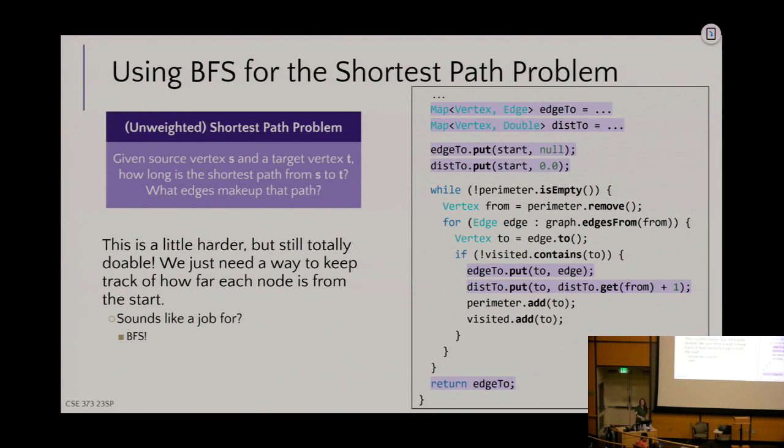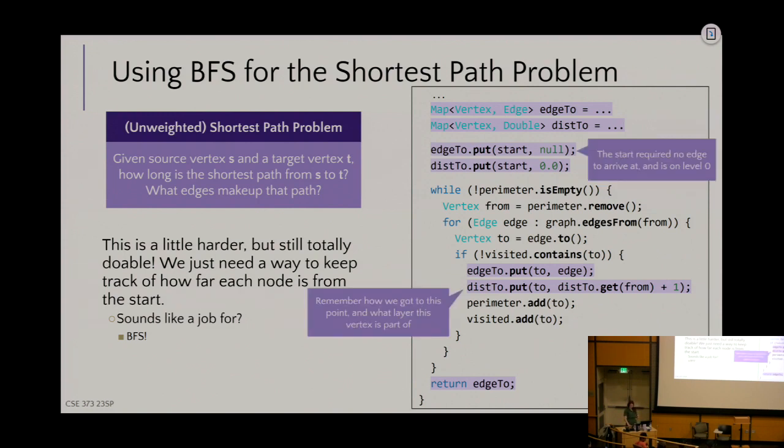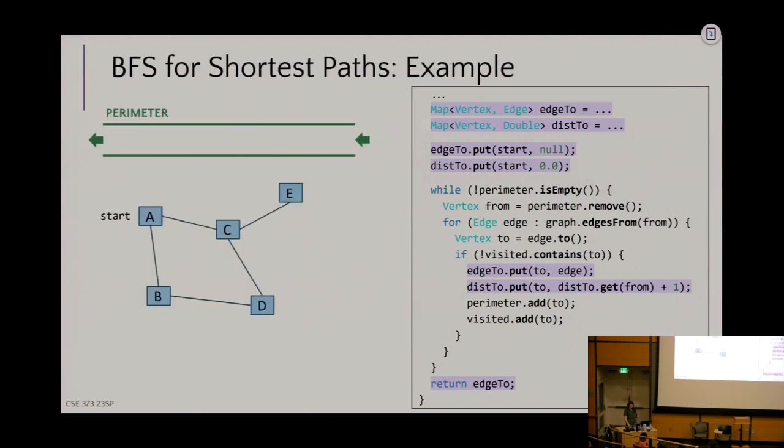So I process the distance from the source to all the other vertices just by counting how many jumps it takes me to get there. We're just keeping track as we go along. So you can imagine this is the map of the counts of how we traveled through this.